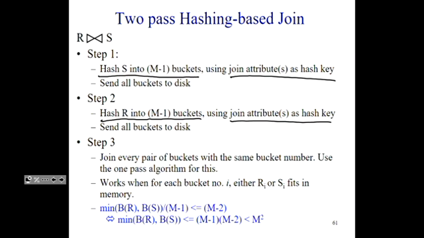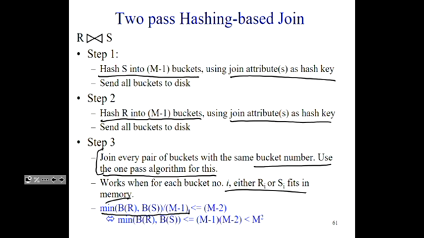Okay, so the third step is essentially joining every pair of buckets which have the same bucket number, and we are using the one pass algorithm for this. For us to use the one pass algorithm for this, at least one of the buckets from either R or S needs to fit in memory, and for that to happen, I need the minimum of B(R), B(S) divided by M minus 1.